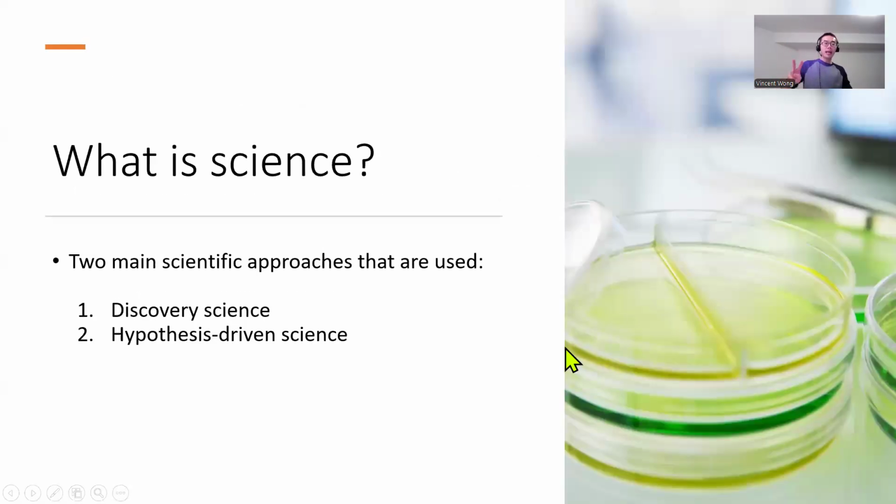So there are two main scientific approaches used to try to understand what's going on in the world. The first approach is called discovery science, which is what we will be doing today. I think we have time to finish that one. And the second is called hypothesis-driven science. We will finish that next week.